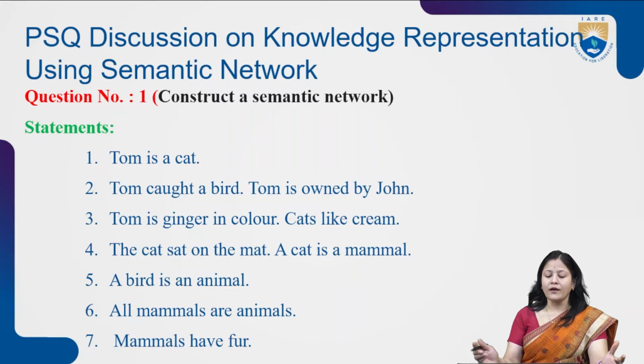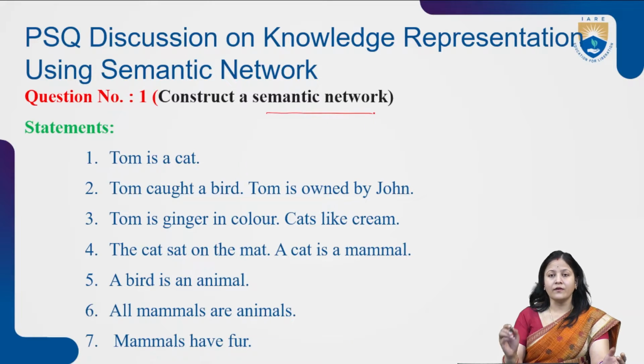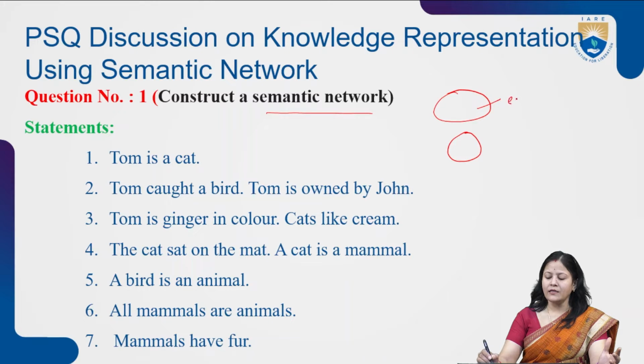Now, why is the name semantic network? First of all, it is a network of many nodes. Nodes can be represented in the form of an ellipse or a circle.